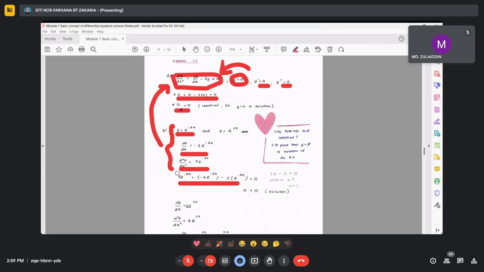Solve this, you get 0. So 0 on your left side, 0 also on your right side. So this function is a solution for this DE. Okay?